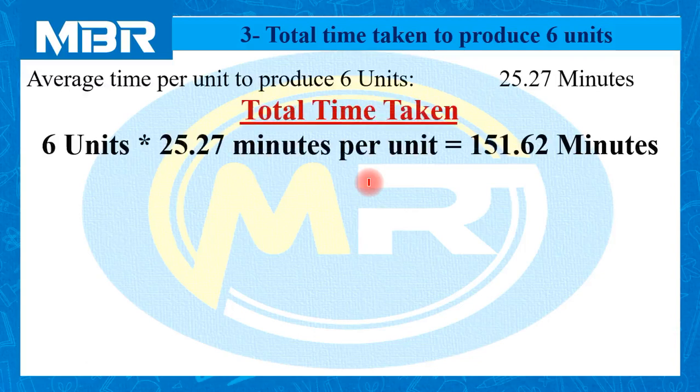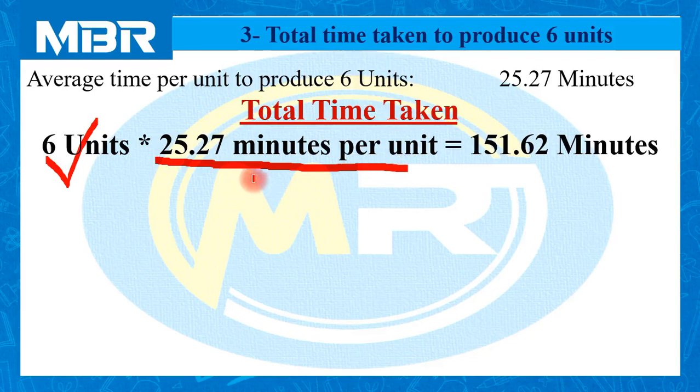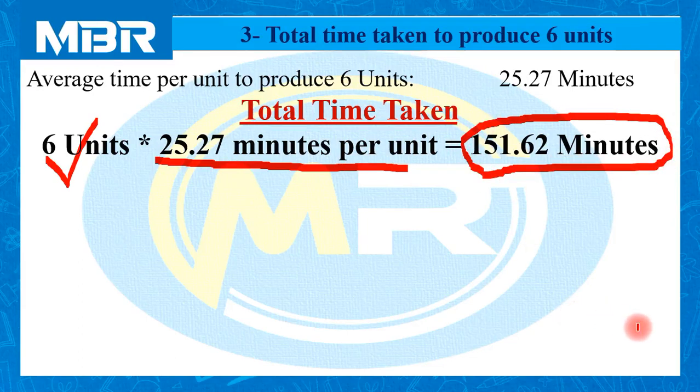As per our calculation, the average time taken to produce 6 units is equal to 25.27 minutes. So total time would be 6 units produced by the company times the average time taken per unit, 25.27 minutes. So total time taken to produce 6 units is 151.62 minutes.